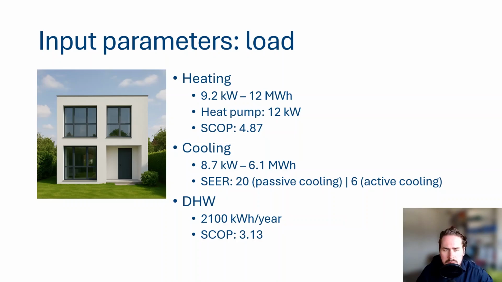But that's also a little bit the exercise of today, but you can see that there's quite a lot of glazing, so a quite high cooling demand, but in our climate zone it's typically slightly less energy demand. So although the peak cooling is not that much lower, the energy consumption is. We have 2 different efficiencies, whether we're working with active or with passive cooling, and we have a certain domestic hot water consumption.